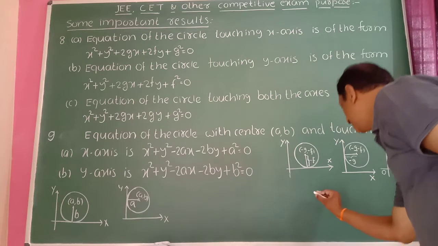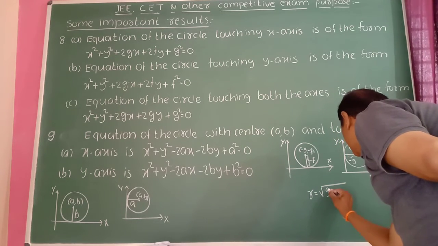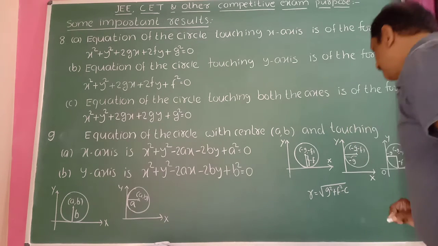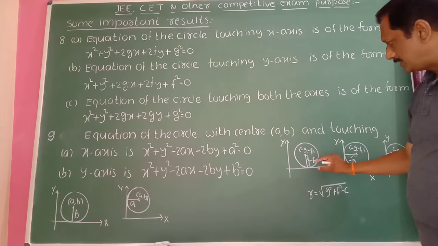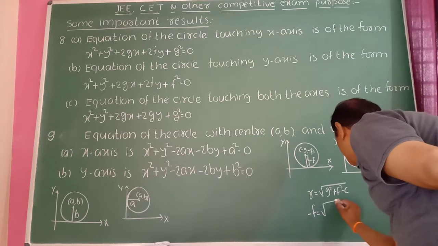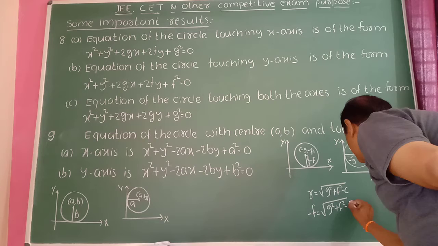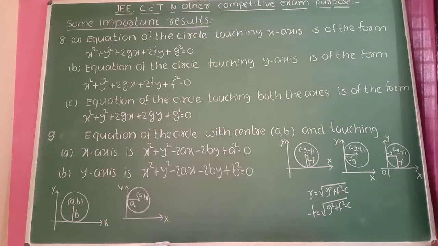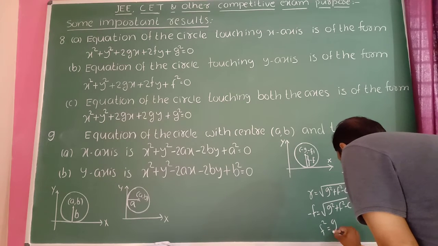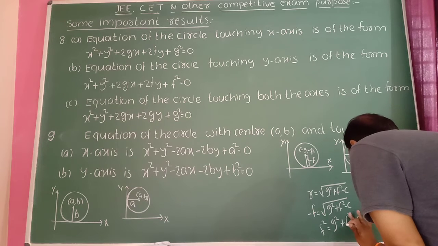You know the radius formula here. So r is equal to root of g square plus f square minus of c. Here the radius is minus f. So replace: minus f is equal to root of g square plus f square minus c. Then squaring on both sides, we get f square is equal to g square plus f square minus c.